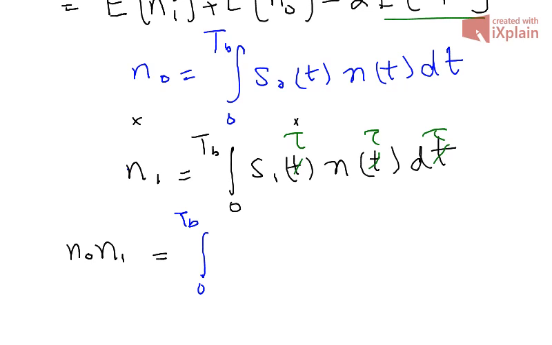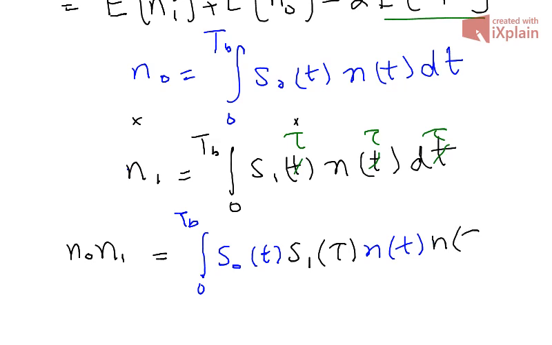So this product can be written as the integral from 0 to Tb of s0 of t, and I would write s1 of tau, and n of t and n of tau, with dt and d tau.